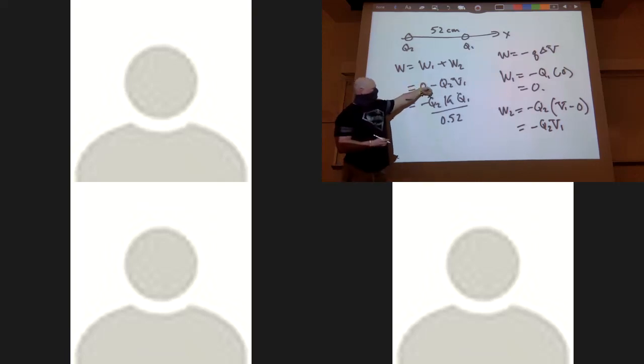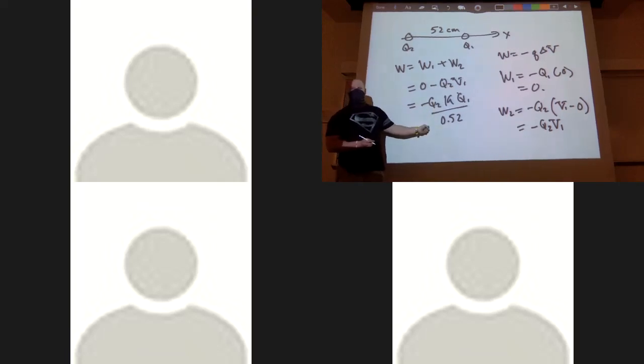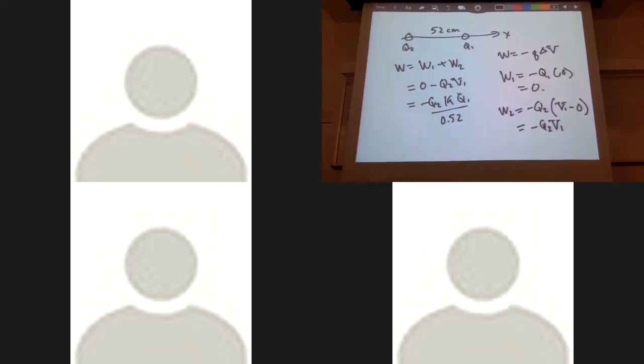Now here again, this is 50 microcoulombs. This is 9 times 10 to the 9th, but this one is minus 50 microcoulombs, which means the negative sign from here cancels the negative sign from here, which makes it a positive. So at the end of the day, this becomes equal to 43.3 joules. So this is the total amount of work which was done.